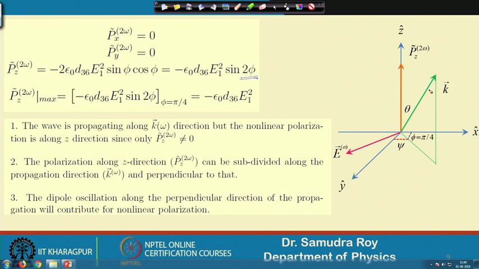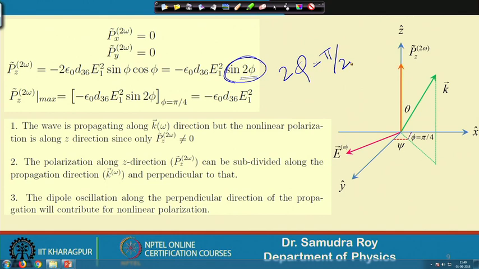One can easily find out the maximum value: it occurs when this quantity is 1, because sin has a maximum value of 1. So, this value will be 1 when the angle 2 phi is equal to pi by 2.